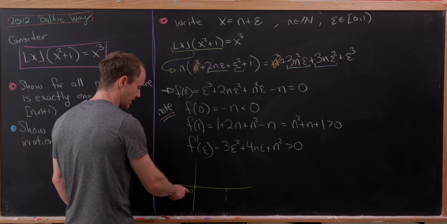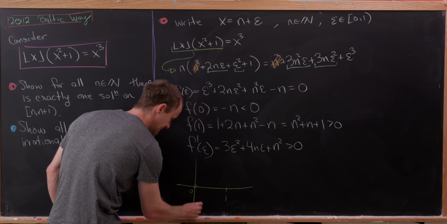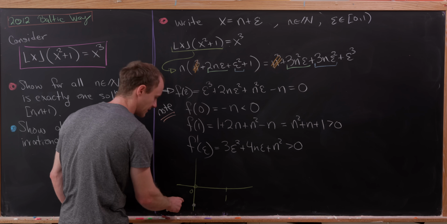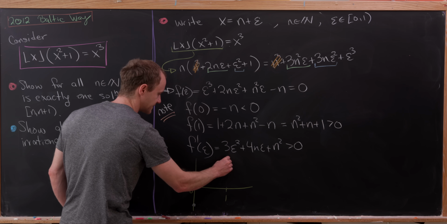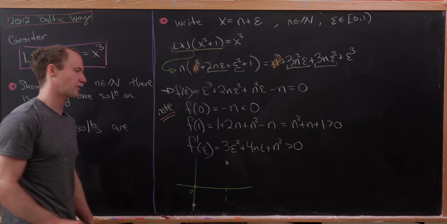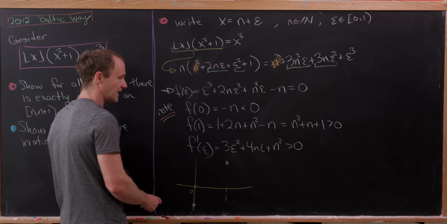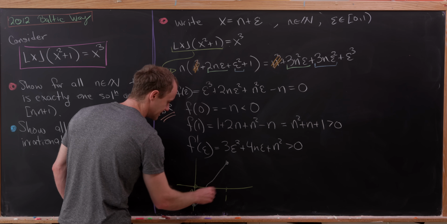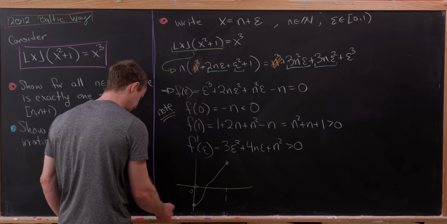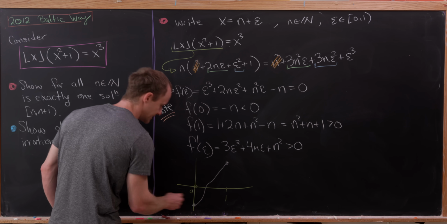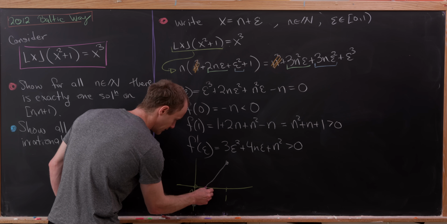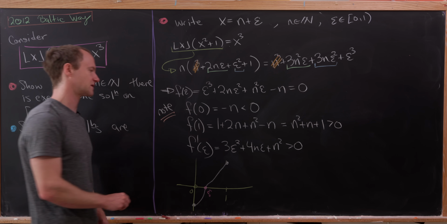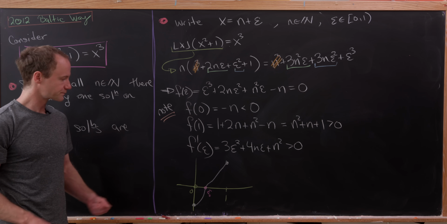We know over here at 0, this function is negative, so perhaps it's right here. Over here at 1, this function is positive, so perhaps it's right there. And then it's increasing. So if it's increasing, that means it can only cross the x-axis exactly one time. And that time would be right here. Maybe that's at the point epsilon naught or whatever.